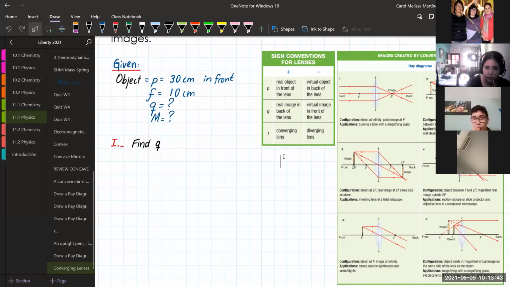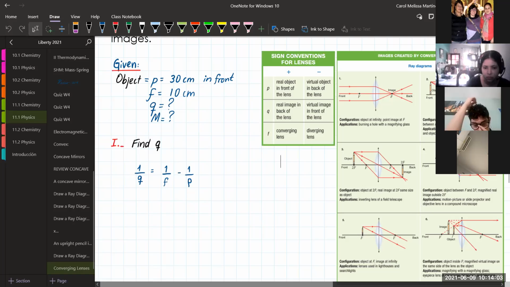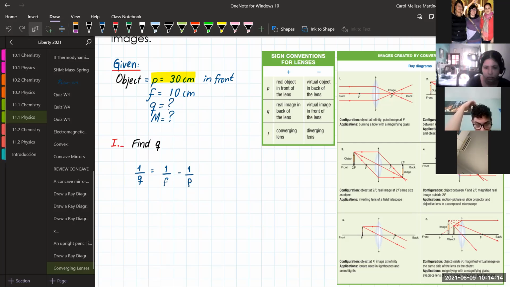It's already isolated for Q. The one that says 1 over Q is equal to 1 over F minus 1 over P. Remember I gave this formula to you? Now, because it says that the object is placed in front, the 30 centimeters are going to be positive. Okay, that's why I wrote this over here. Because remember, it's placed in front.